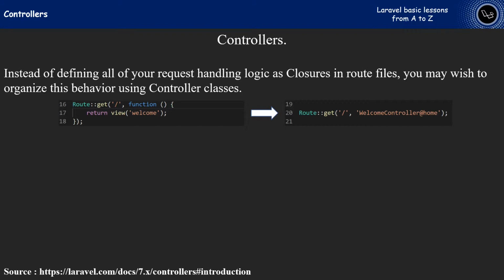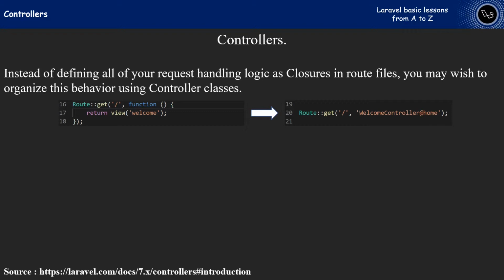You're going to create a controller class, and after that, if you want to organize, we are going to remove this function and put it in the controller class that we are going to create. We are going to create a home function inside of the WelcomeController. This is the meaning of the syntax, WelcomeController at home.